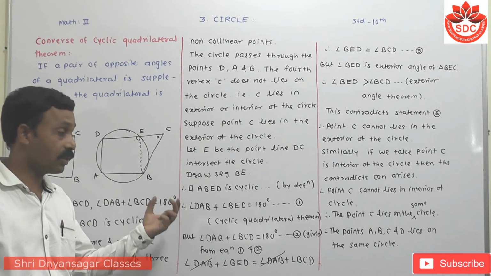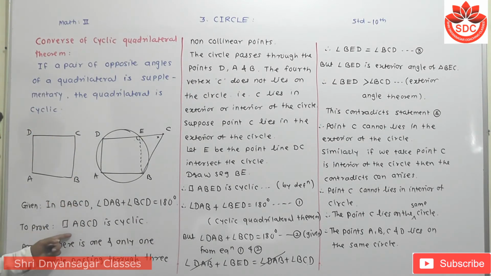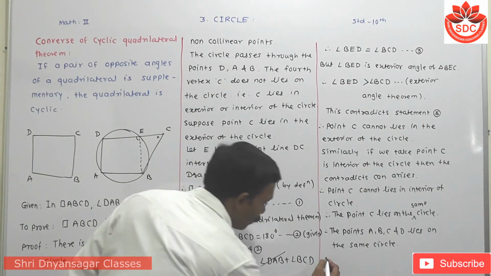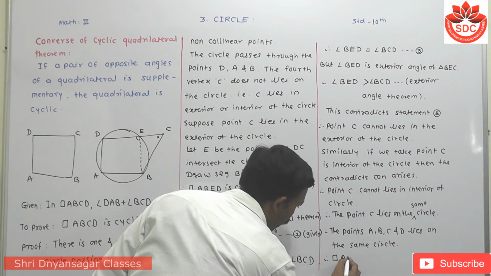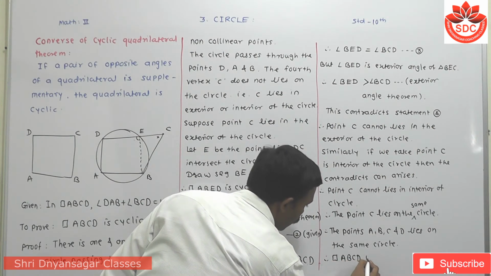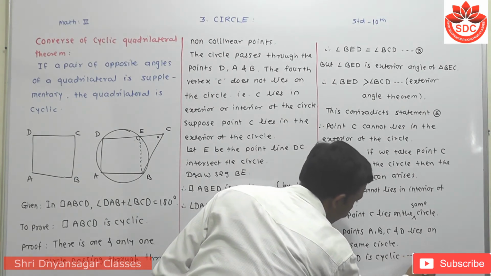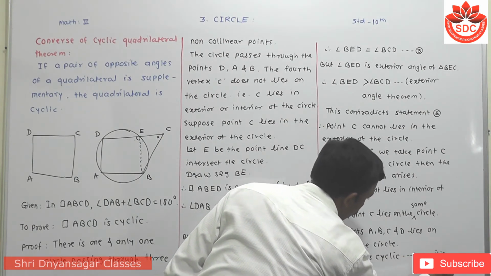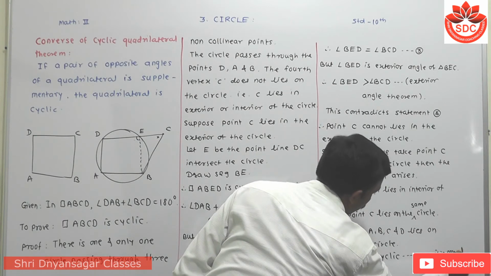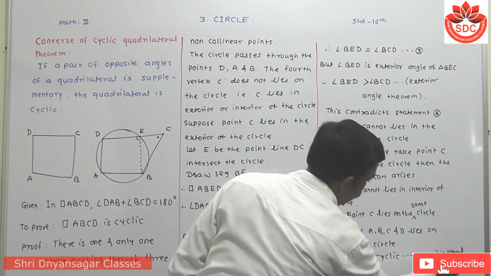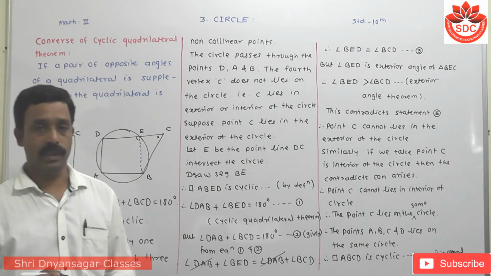Means that this quadrilateral ABCD is cyclic. Therefore quadrilateral ABCD is a cyclic quadrilateral and hence it is true. Can you understand this? Thank you very much.